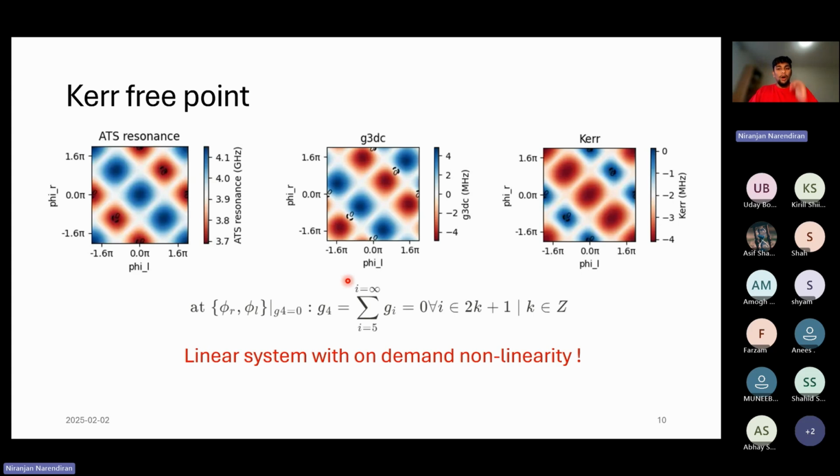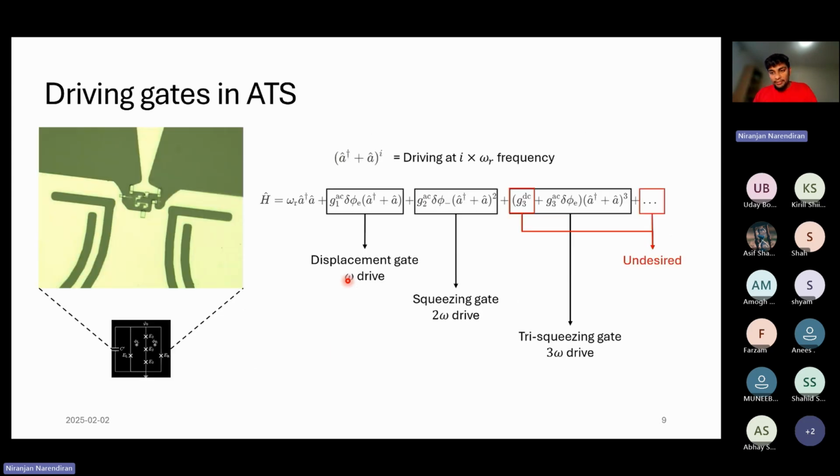So the first always-on nonlinearity in such a circuit is a 6th order interaction, which is a very weak interaction. With this, we can approximate our ATS to be a linear system with on-demand nonlinearity. How do we do it on demand? Again, remember that we drive the AC pulses for driving particular gates.